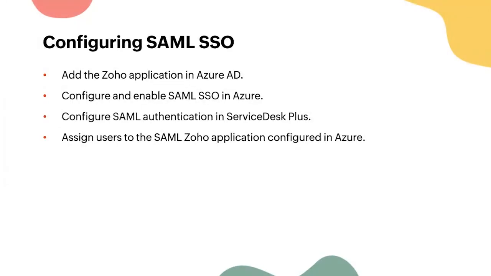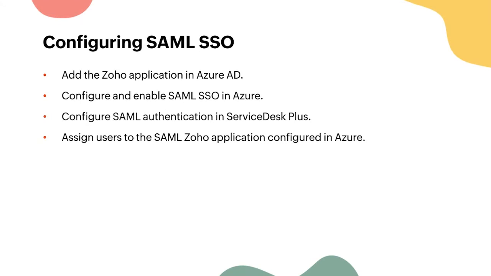And to configure your SAML SSO, that's your single sign-on, there are a couple of steps that you need to follow. So the first thing is you need to add Zoho as an application in your Azure AD portal. Next up, you need to configure and enable your SAML single sign-on in Azure.